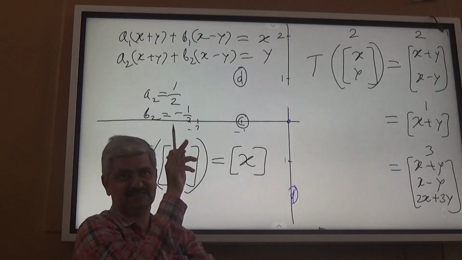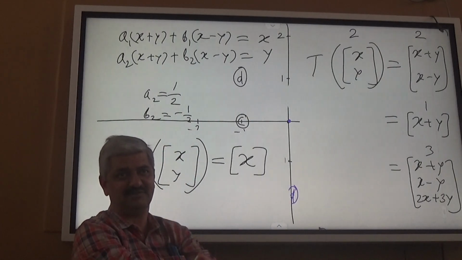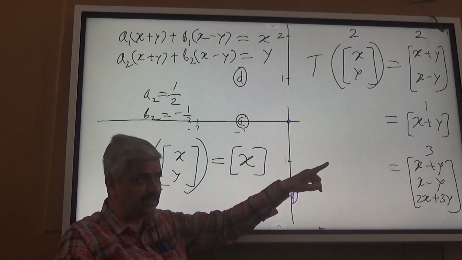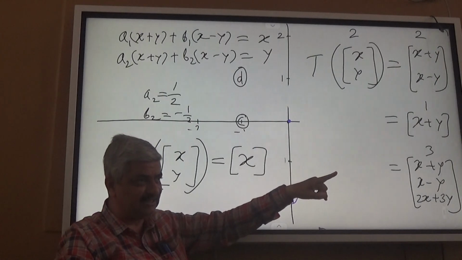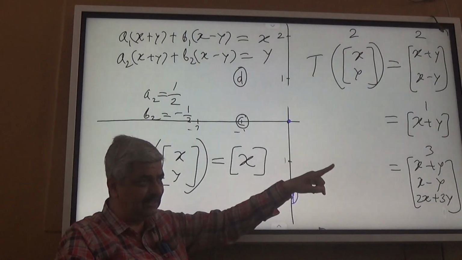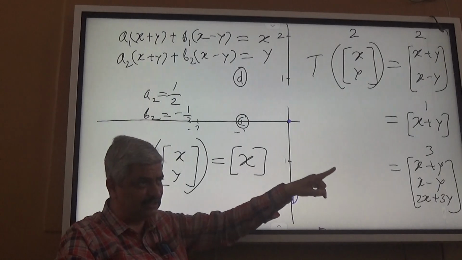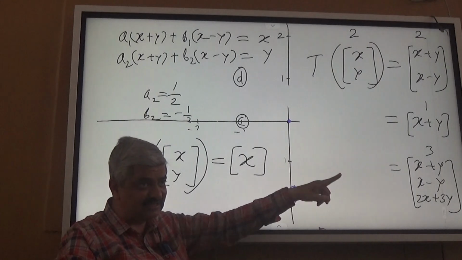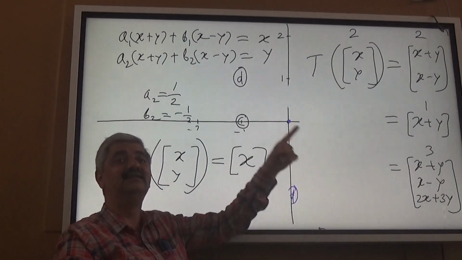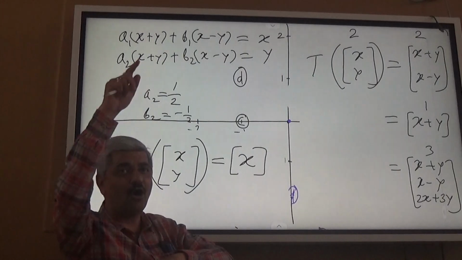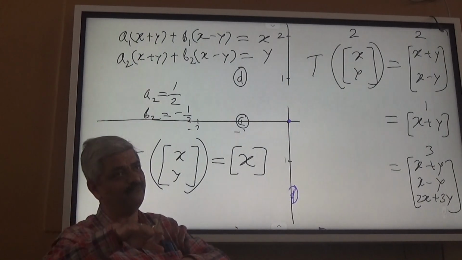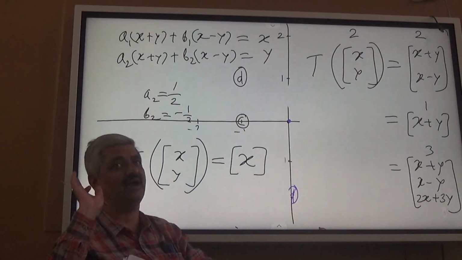So the ordered combination in image space is such that every element of it is a linear combination of all elements in the original space. The number of dimensions can be equal or unequal.